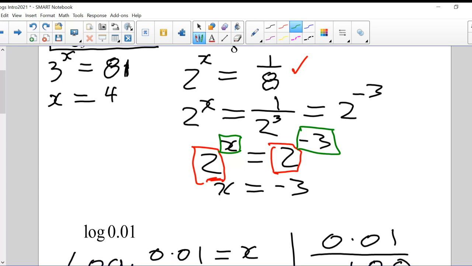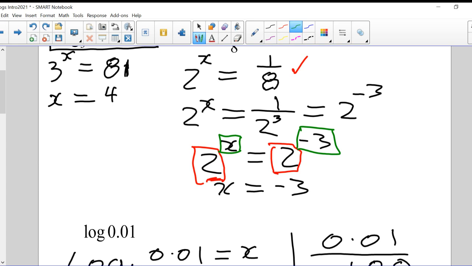When the two sides had the same thing in those two red boxes, which they do, the 2 on the left is the same as the 2 on the right, then whatever was the exponent on the left must be equal to the exponent on the right. Those green boxes have to be equal as well, right? If the two red boxes are the same, remember, this is an equation.